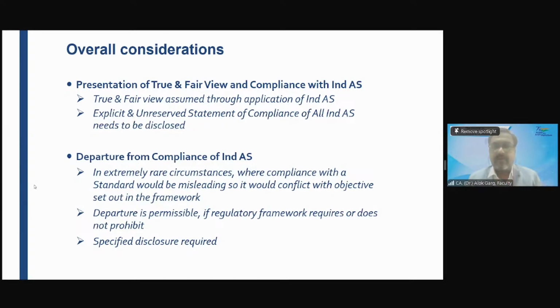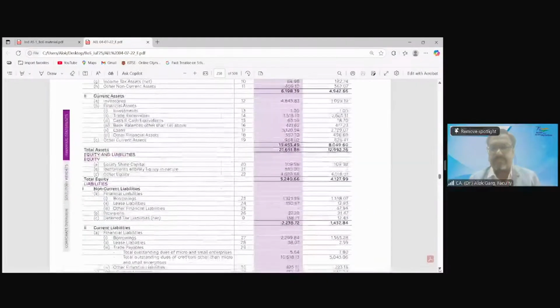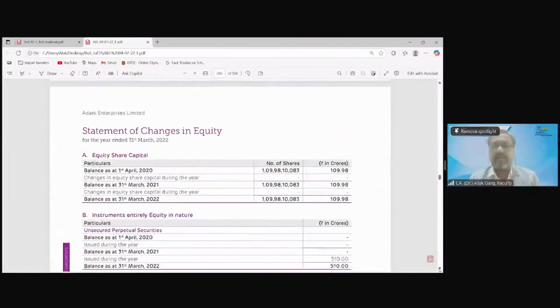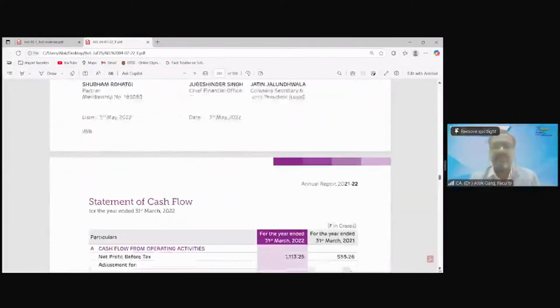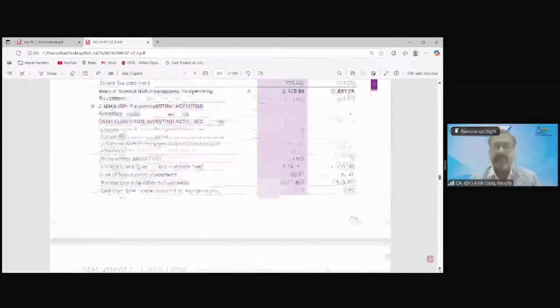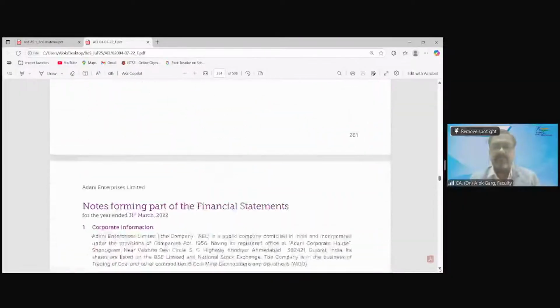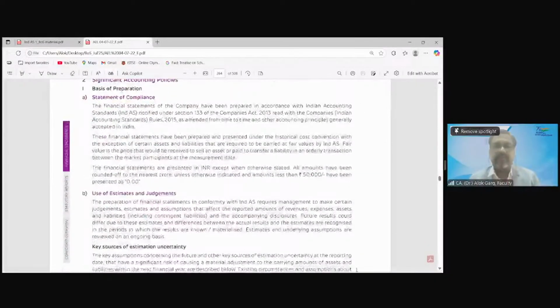Yes, sir. Clear, sir. So let me show you the statement of compliance section. Should I show you in a listed company annual report? Yes, sir. Please, sir. This is the Adani Enterprises Limited balance sheet. Can you see this statement of compliance?